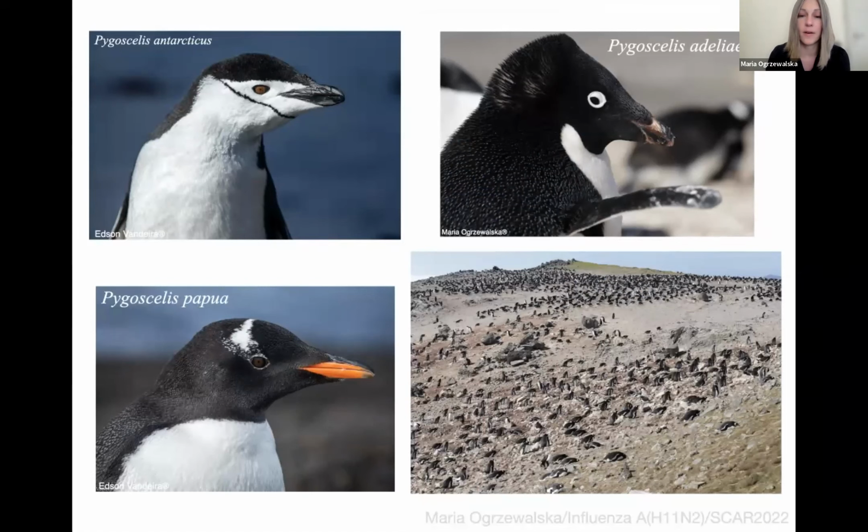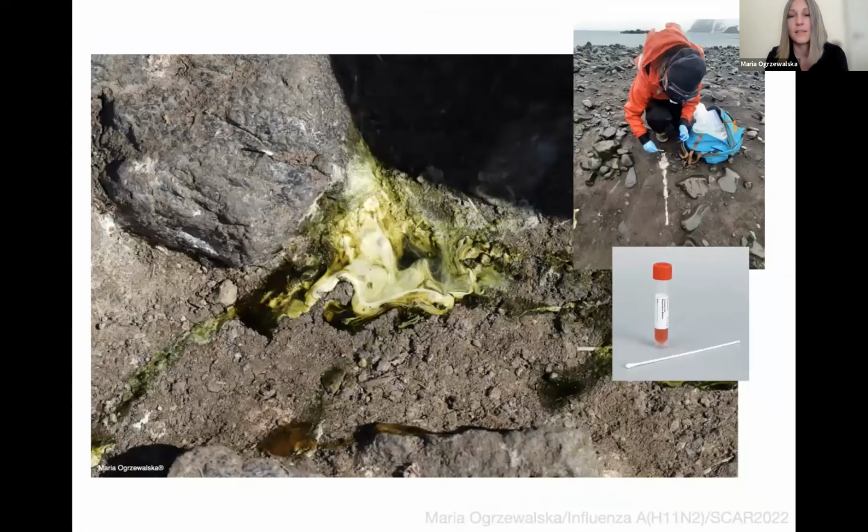And we are collecting exactly this type of sample, fresh fecal samples, and preserving them in a special medium for preserving virus. Then we freeze those samples to take to the laboratory for future testing.